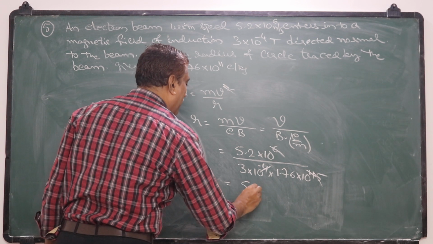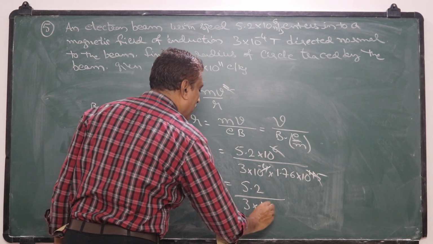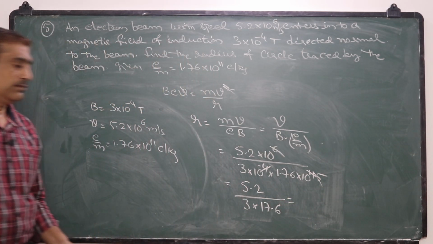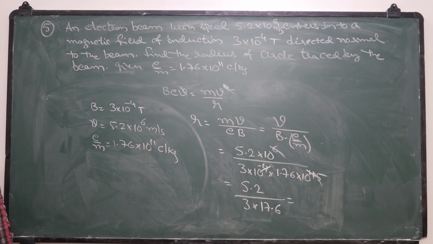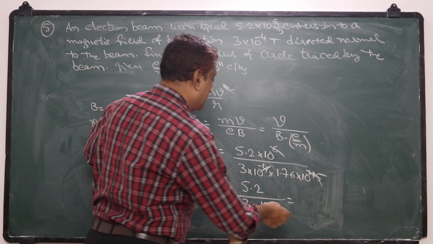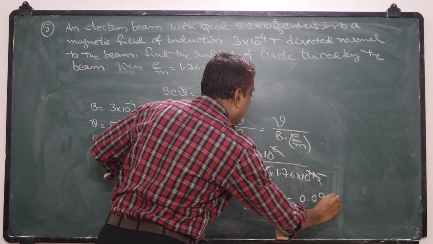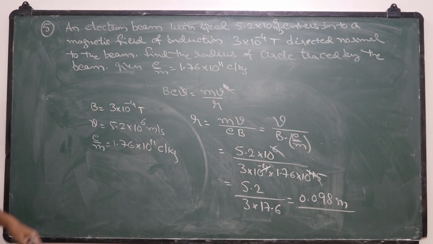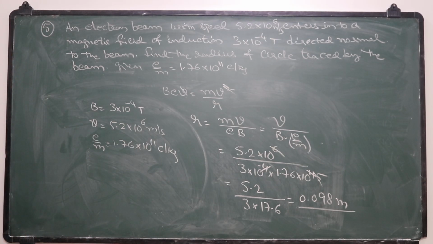So this is 5.2 divided by 3 into 17.6. This is approximately 0.098 meter. So radius of the orbit, circular orbit, is 0.098.